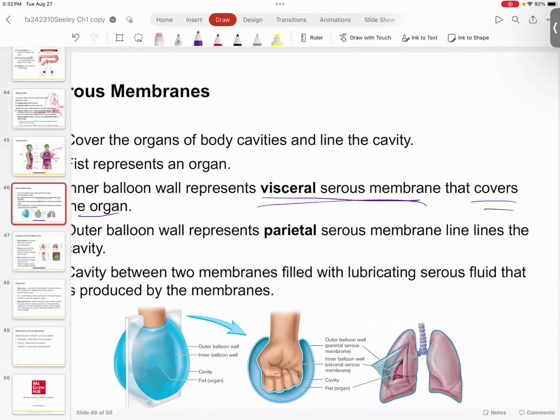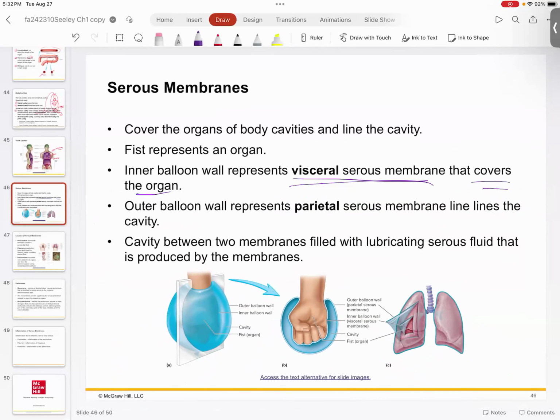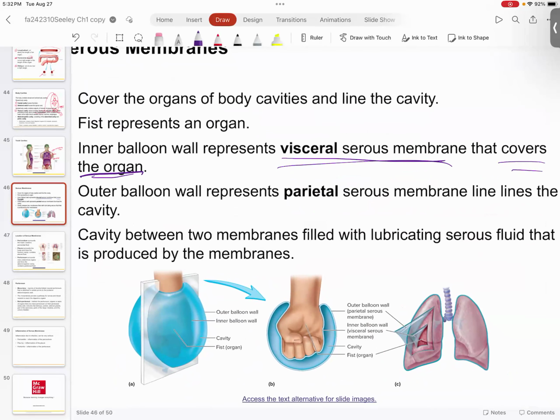This is the membrane resting right on top of the organ itself. From there, there's generally a little bit of a gap or a space. And then you have what's called the parietal serous membrane, which essentially lines the cavity.